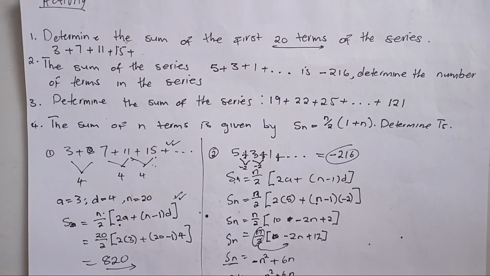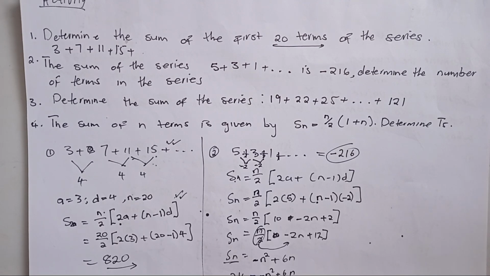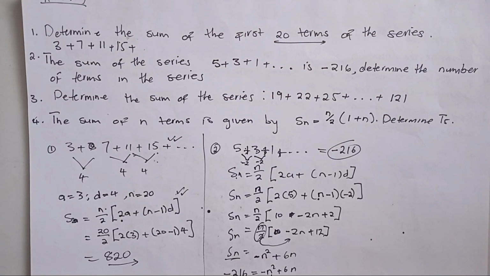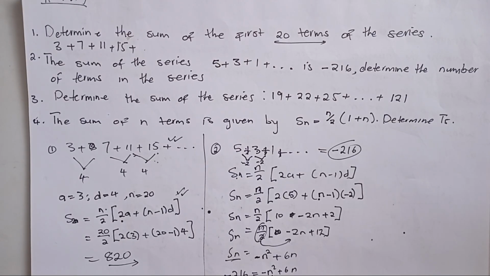So let's try and work it out. We're going to take this one to the other side. We're going to have n squared plus 6n minus 6n. We took this one to the other side, it's going to be minus 6n equals 0.